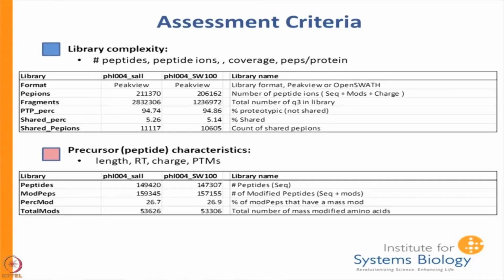You can see that going from here to here, we didn't lose that many ions, even by applying more stringent mass filters. But if you look at the number of fragments, we have way fewer, only about 35 or 38% of the fragments, because now we only have up to 6 fragments per peptide.